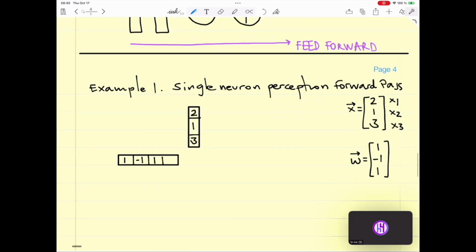And we're going to take a bias, which is going to be minus 5.